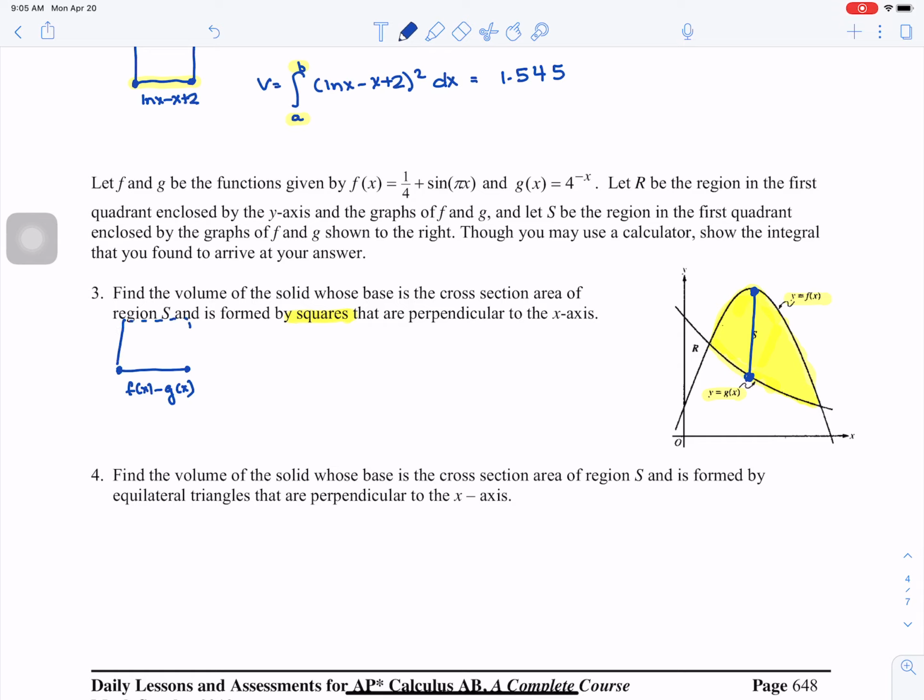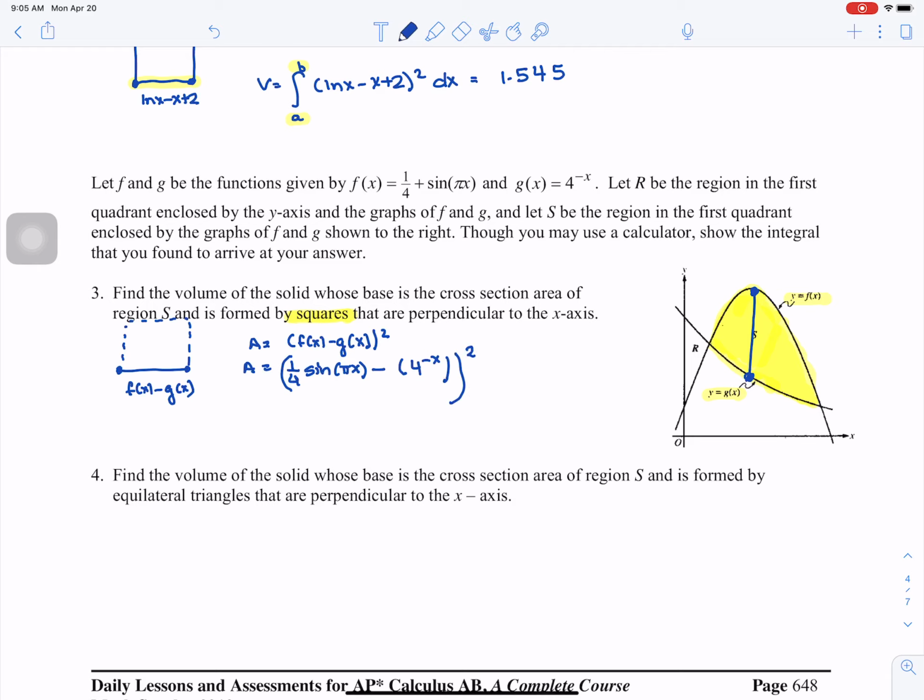I can draw it dotted if it helps. So the area of the square is f of x minus g of x, and then I square it. So my f of x is 1/4 sine pi x. My g of x is 4 to the negative x. And then I square it.